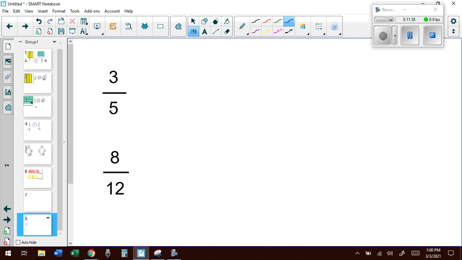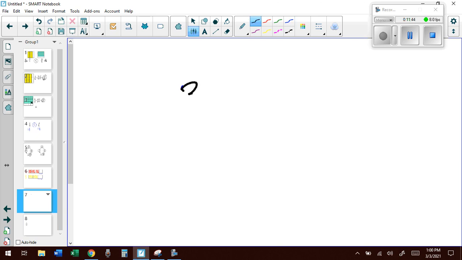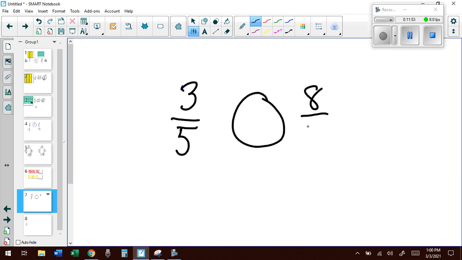Now here we're going to use the same situation to compare 3/5 and 8/12. But here, I don't want to find a common denominator by partitioning it into so many pieces. So I'm going to use multiplication for this.